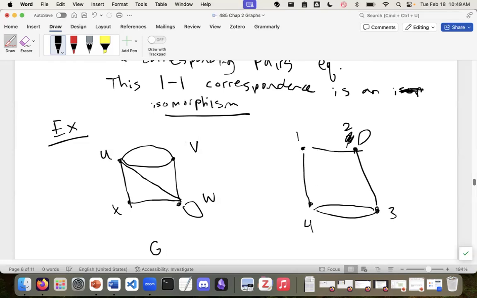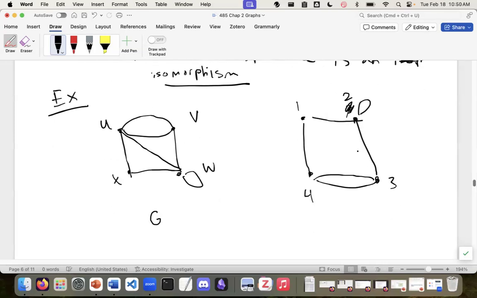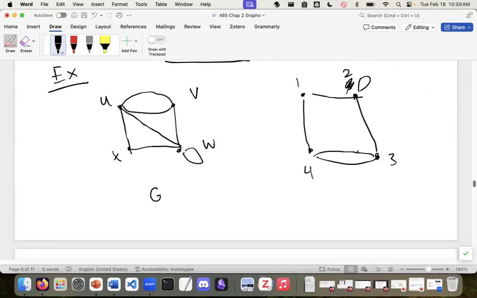I think I missed an edge in here. Somebody have the textbook open? You know what edge I missed? Or maybe. Let's find the isomorphism and then we'll figure it out.